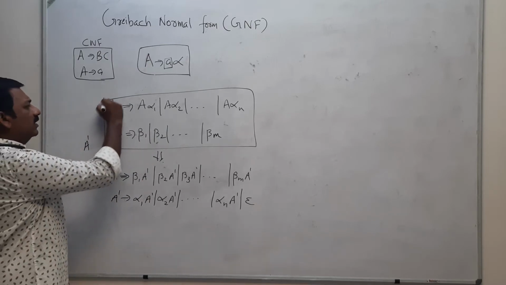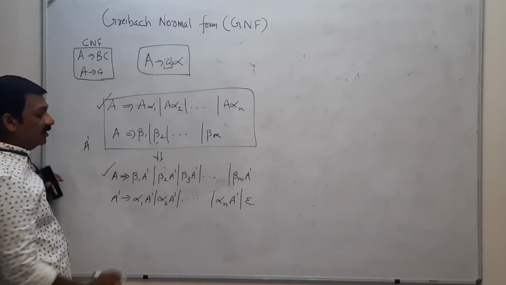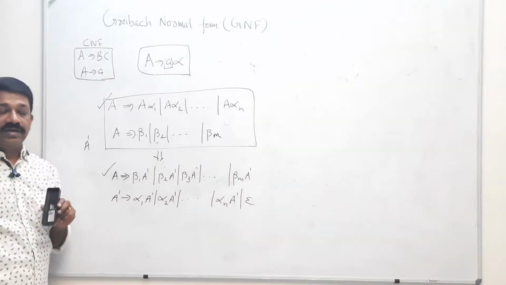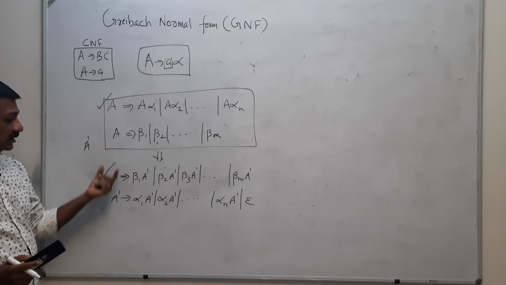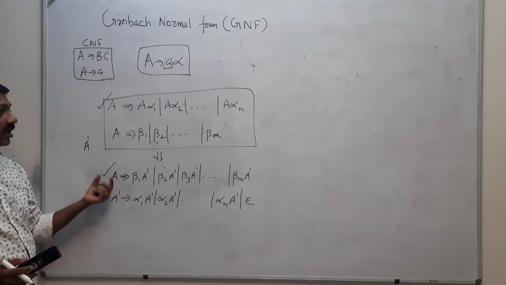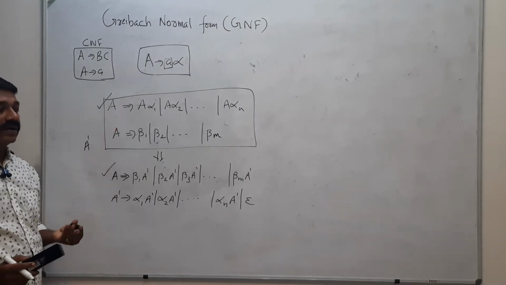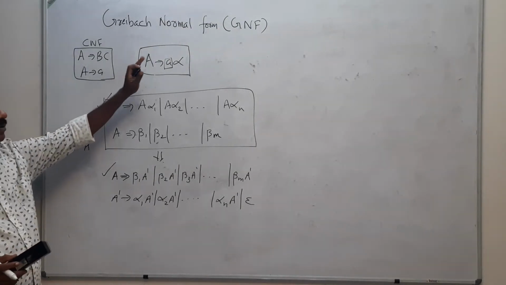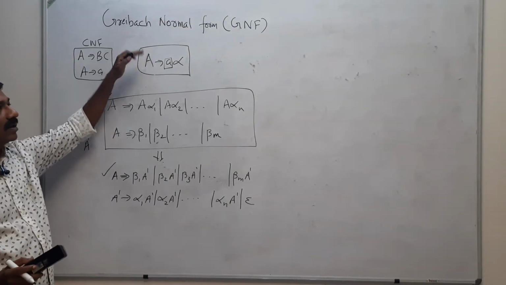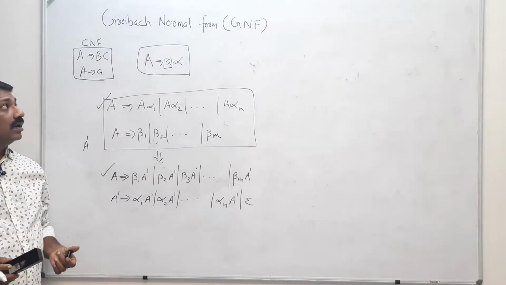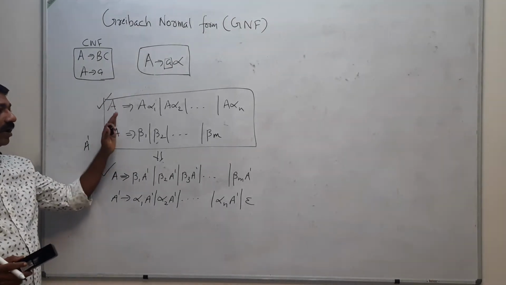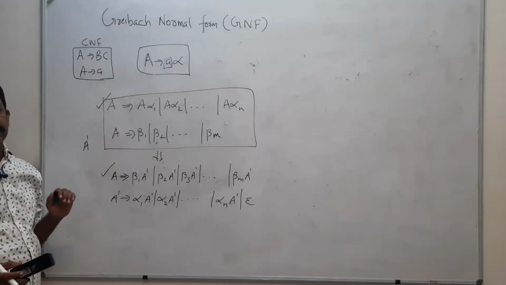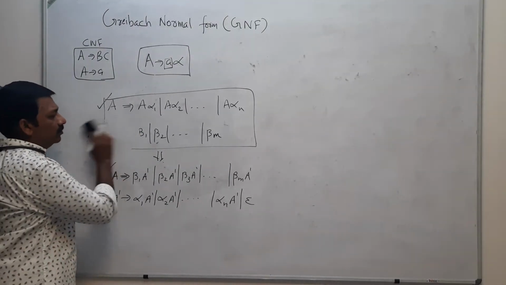Here this is having left recursion, whereas this is not having any left recursion. So that is called left recursion, and elimination of left recursion is also very important. When you are converting a grammar to its equivalent Greibach normal form, we have to eliminate left recursion. Okay.